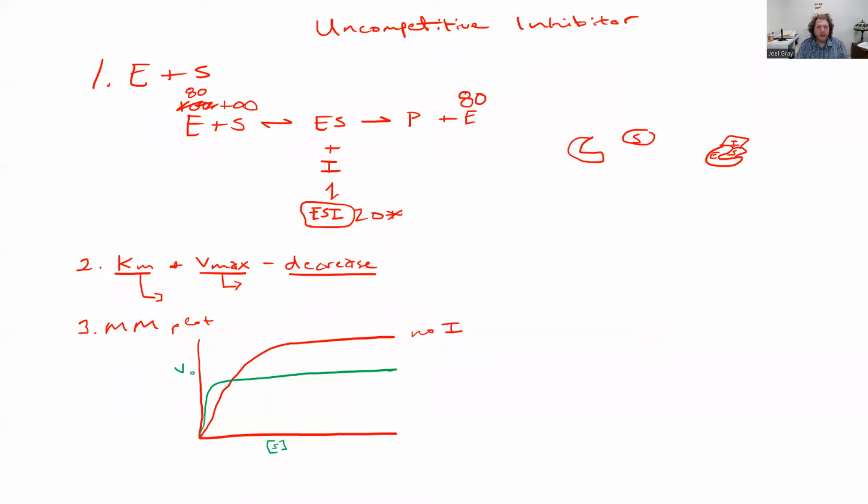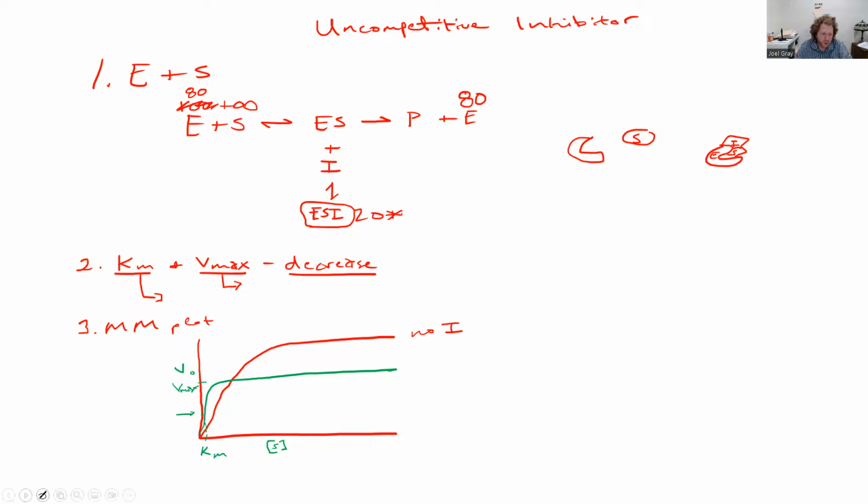So our Km is going down, which if we wanted to plot our Km for this green line, well, what's our Vmax? Right here. Vmax divided by 2 is approximately right there. And here is the new Km.